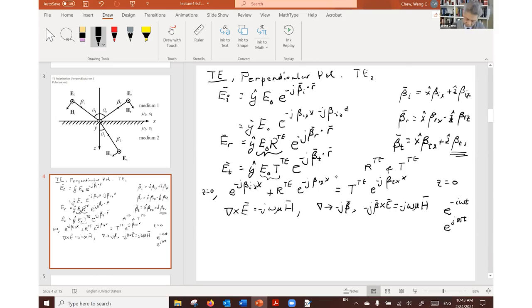That is what becomes of Maxwell's equations or Faraday's law. And then now I can work on all the components of the magnetic field. I can work on my HI first.